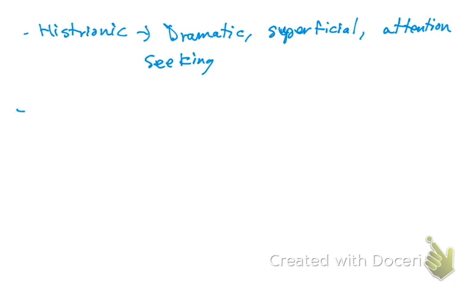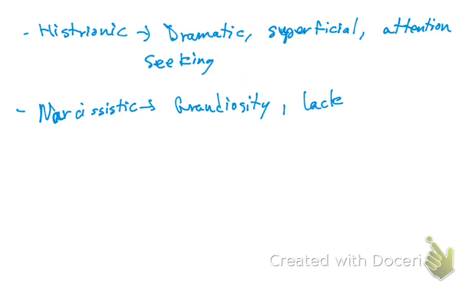Then we have another one here, narcissistic. Basically, they have grandiosity and a lack of empathy. They are at a high level according to themselves. Another one is avoidant.